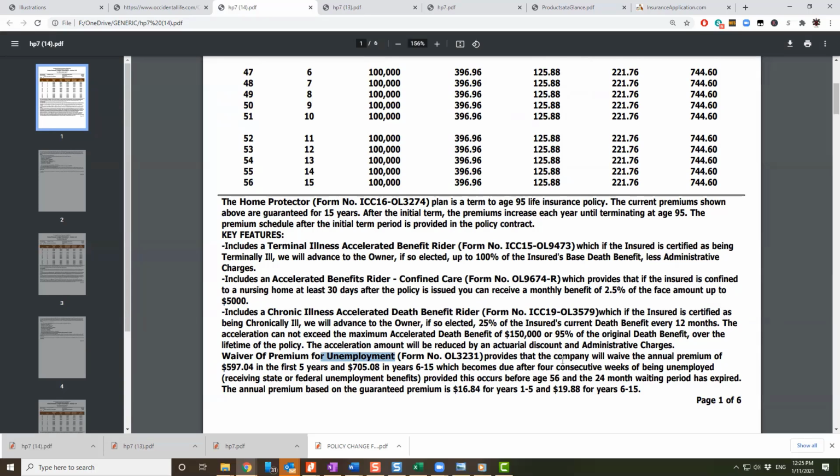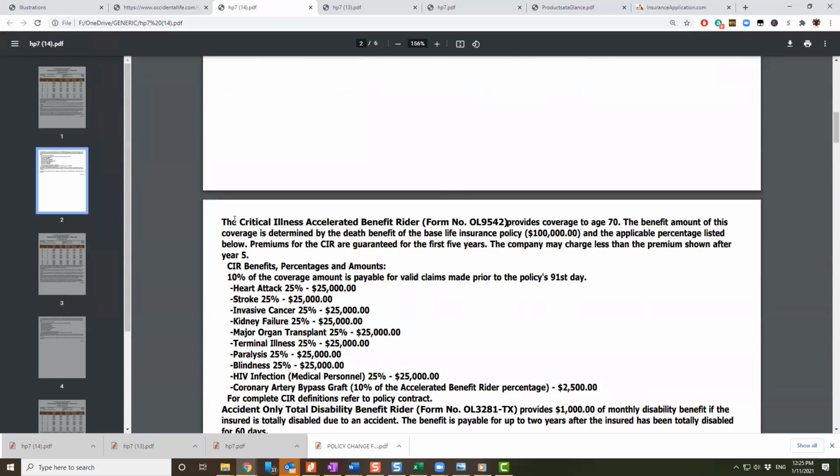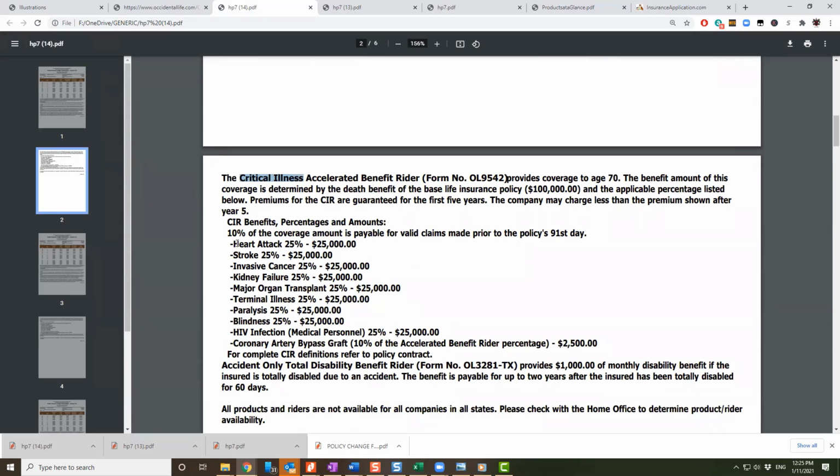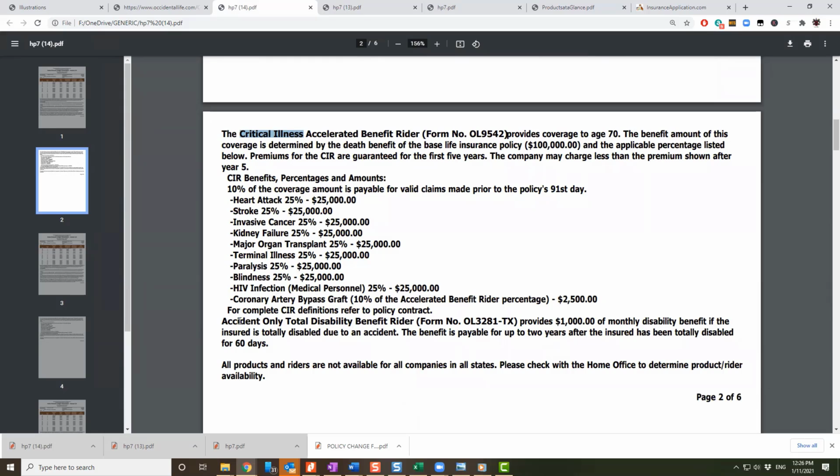We added critical illness, which would cover up to $25,000 on each of heart attack, stroke, cancer, kidney, transplant, terminal illness, paralysis, blindness, HIV, coronary artery. Now we only have a disability that would pay them an additional $1,000 a month.